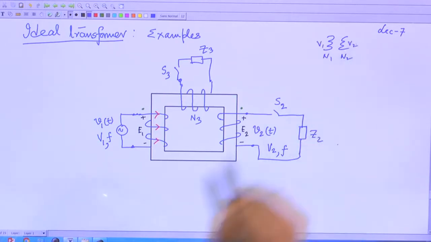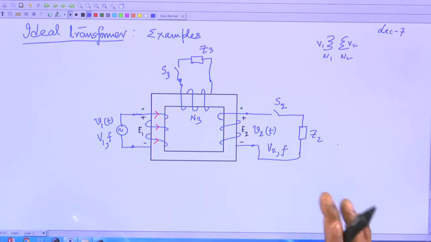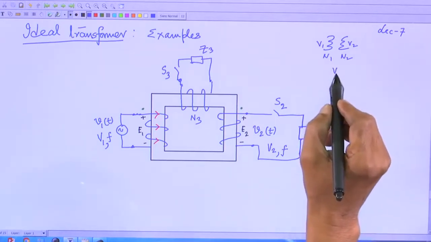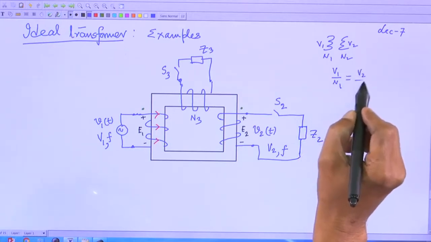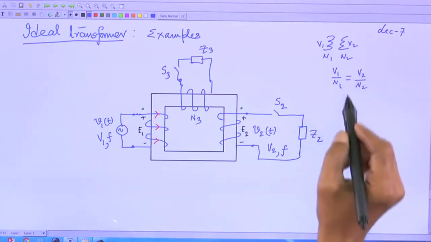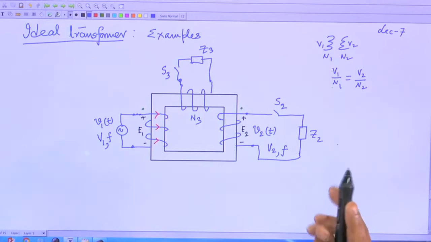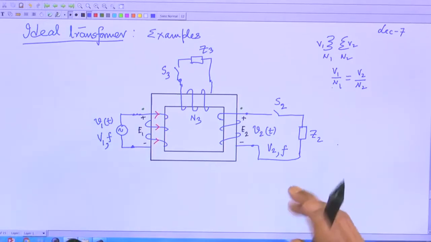V2 by V1 is N2 by N1, that is good, but it is also true that V1 by N1 is equal to V2 by N2. This equation is very useful, at least I find it.